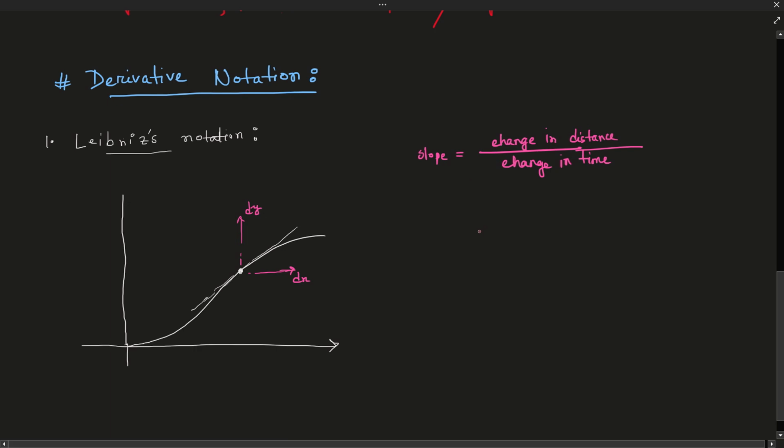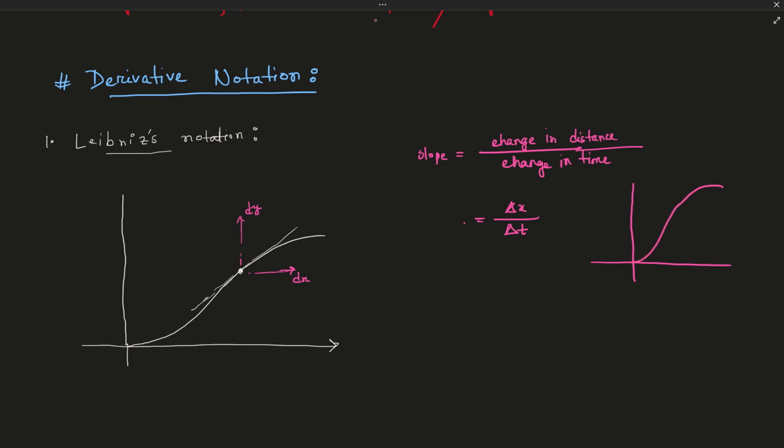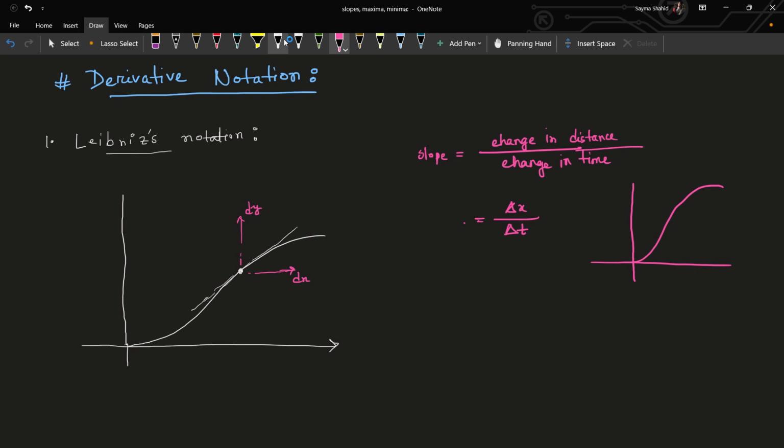So slope will be basically del x by del t. At first we take a very long interval to determine the slope, something like this. And suppose we have, let's draw a thin line here.